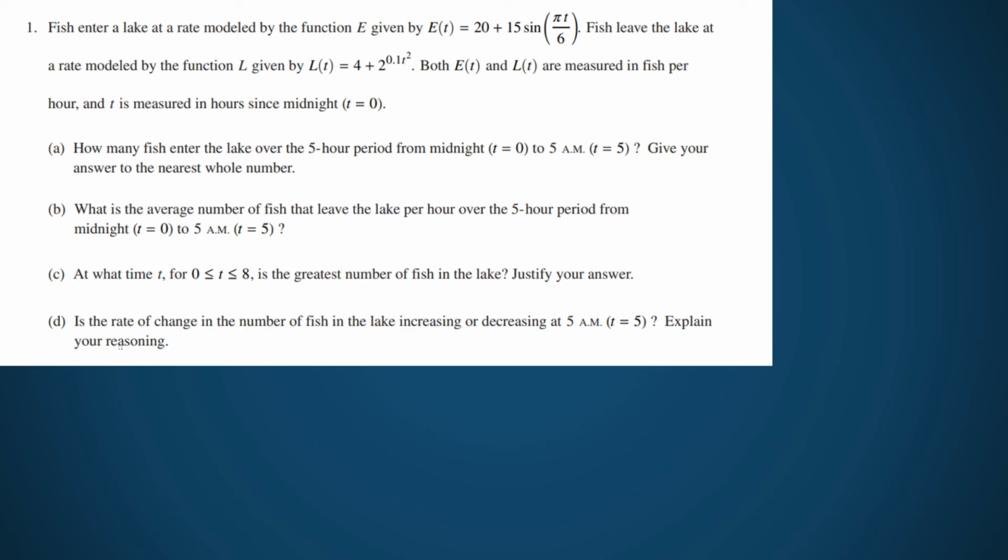So we have to check E prime minus L prime at 5. So that's E prime 5 minus L prime 5.